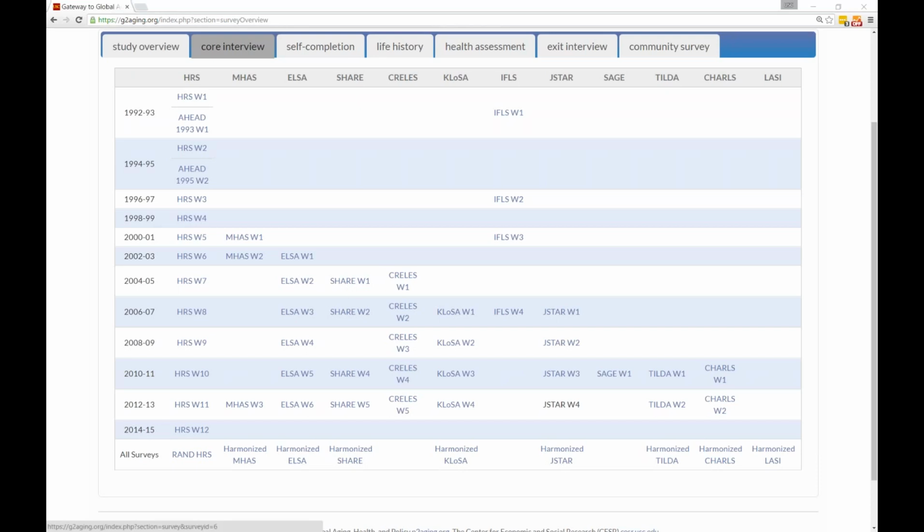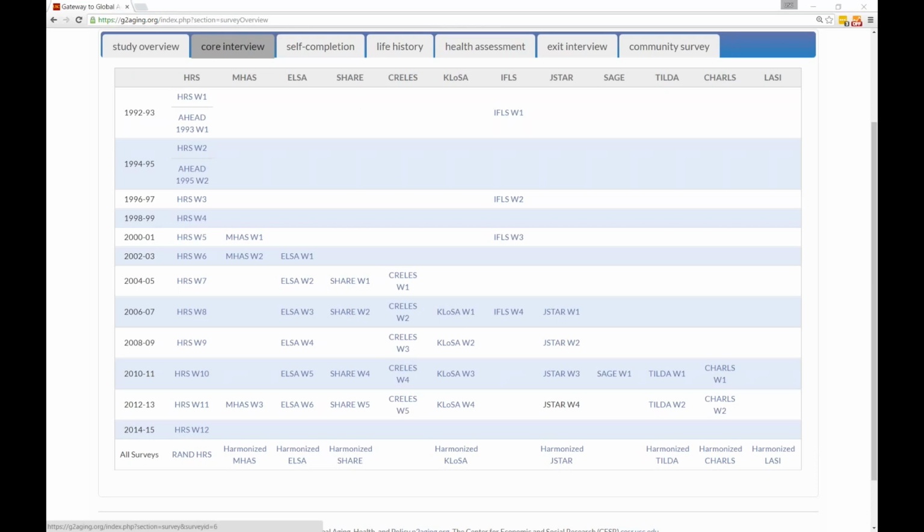This is also helpful because you might have heard me say wave. A wave refers to the baseline, which is usually considered wave 1, the first year of the survey, the first time the survey goes out. Wave 2 would usually be 2 years later when the survey is done again. But wave 1 of SHARE is not conducted at the same time as wave 1 of the HRS.